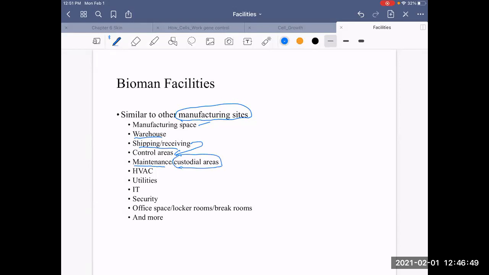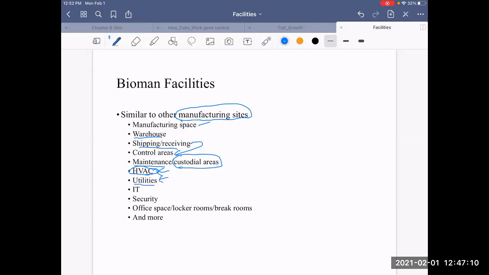So cleaning is really important, making sure that everything is working properly. HVAC, so the heating and the air conditioning, are super important, especially the air conditioning, because all these processes generate a lot of heat. Utilities, so does it have water? Does it have steam?